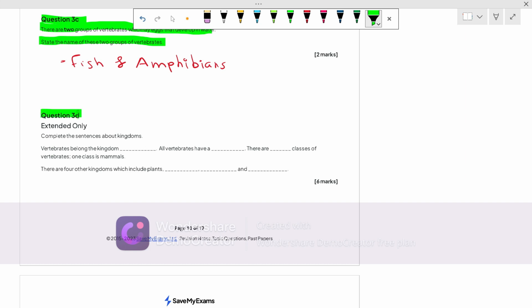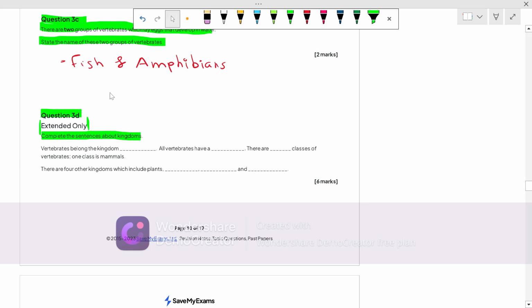Question 3d. This is for extended only. Complete these sentences about kingdoms. Now, this is a fill in the blank question, and you'll usually see this question in the new specimen papers for 2024 and 2025. As this question is newly added in the syllabus, it was not there in exam papers before 2020, I believe.